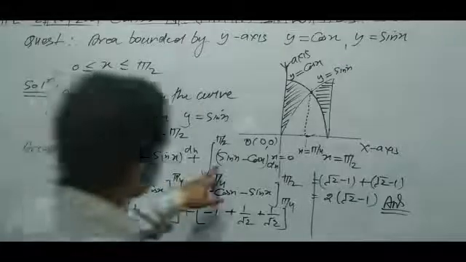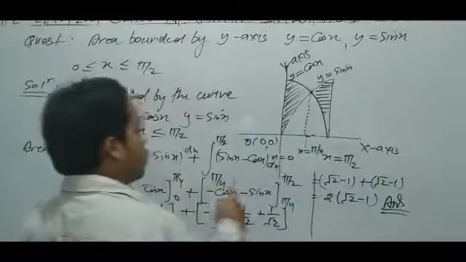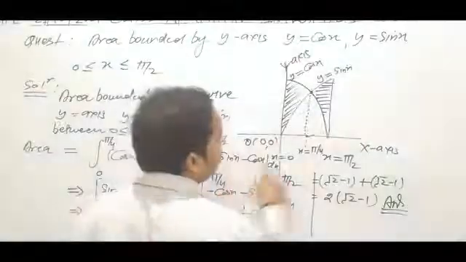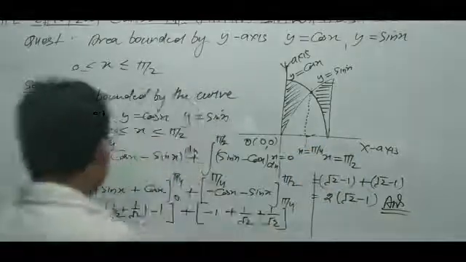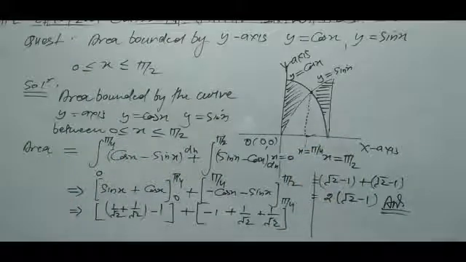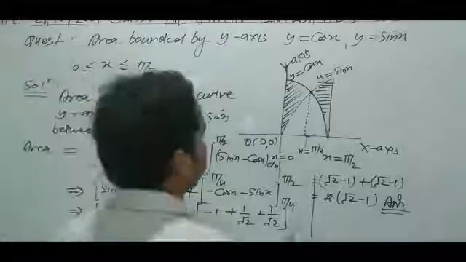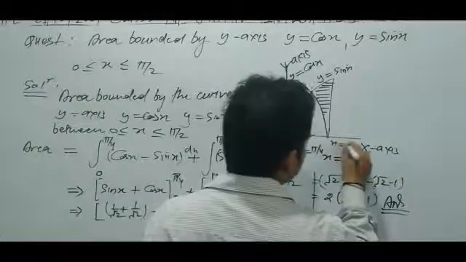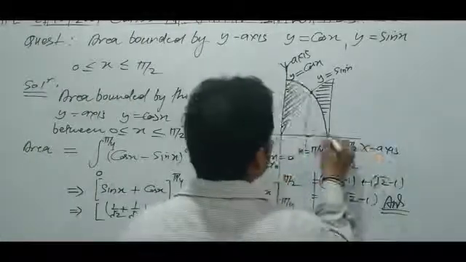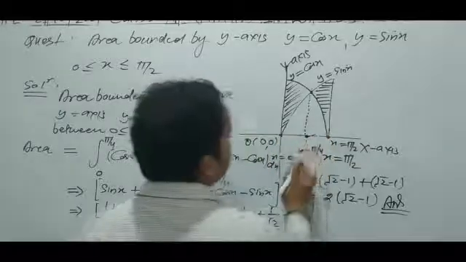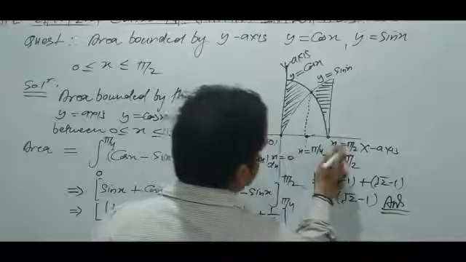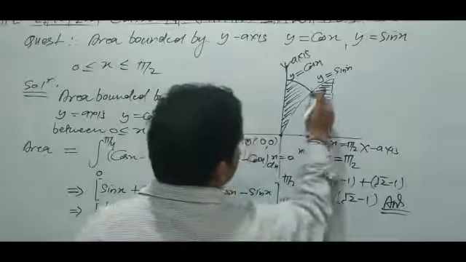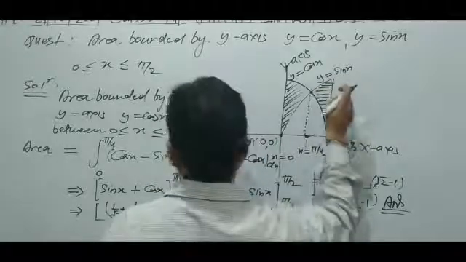Now similar process, this area means from x is equal to pi by 4 to x is equal to pi by 2. This is x is equal to pi by 2, and we have to integrate sine.